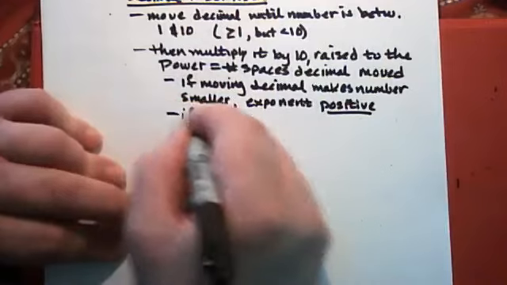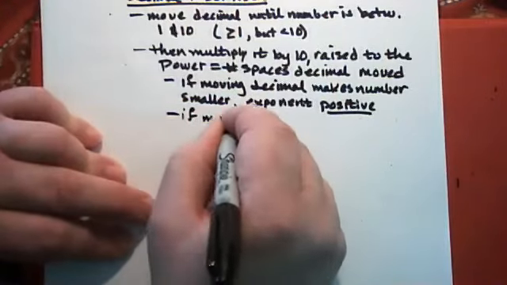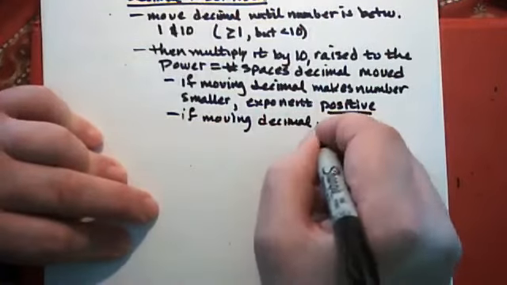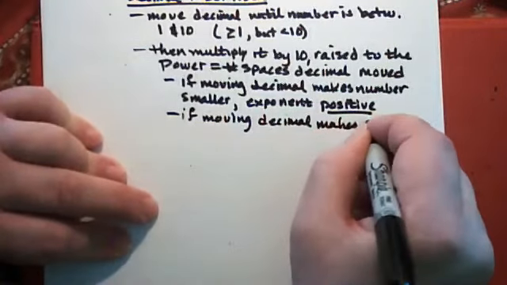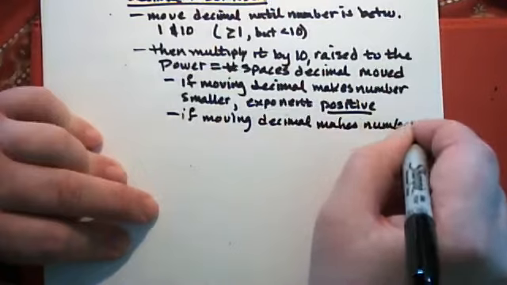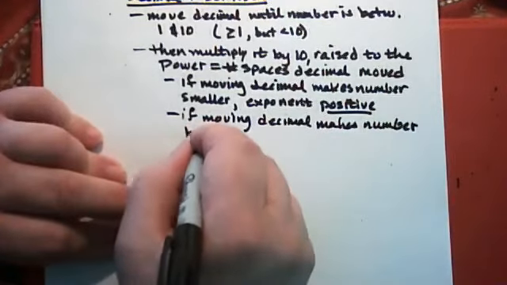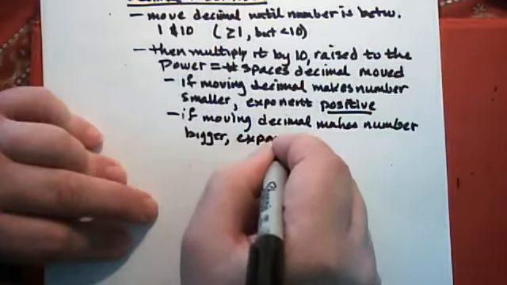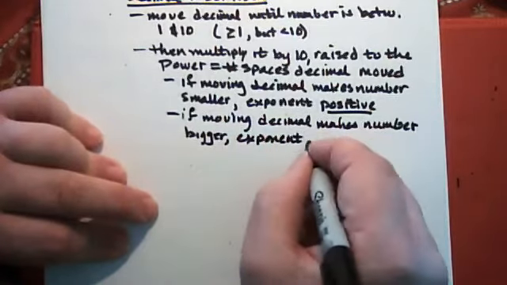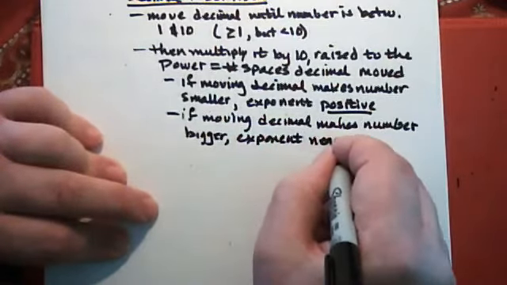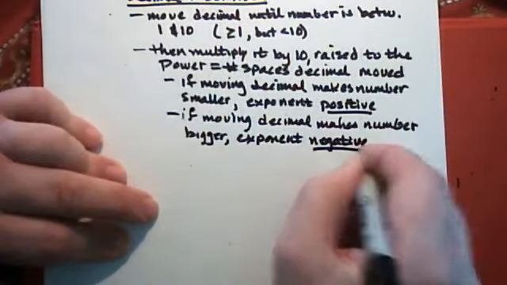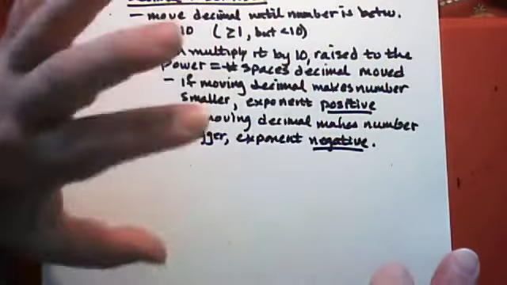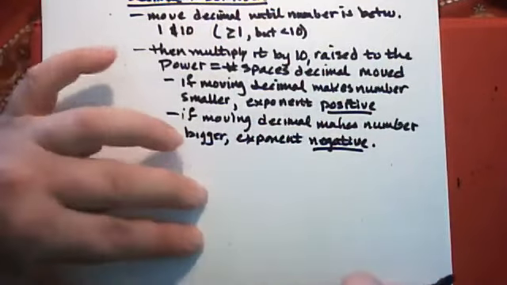On the other hand, if moving the decimal makes the number bigger, then the exponent should be negative. Because you're starting with basically the number itself times 10 to the 0.